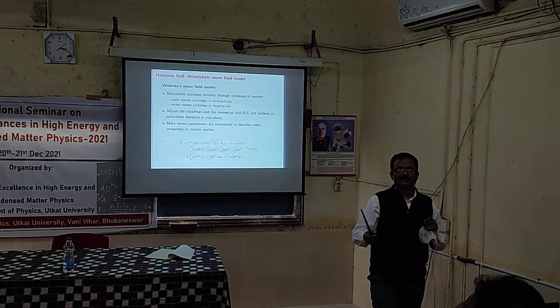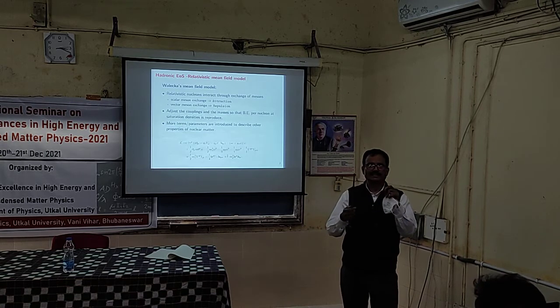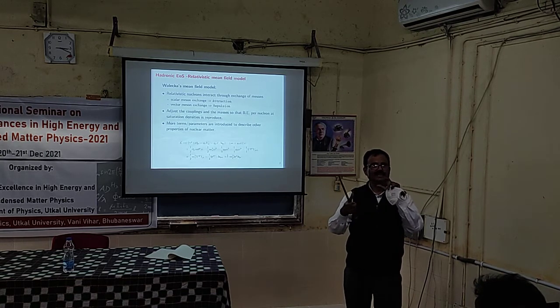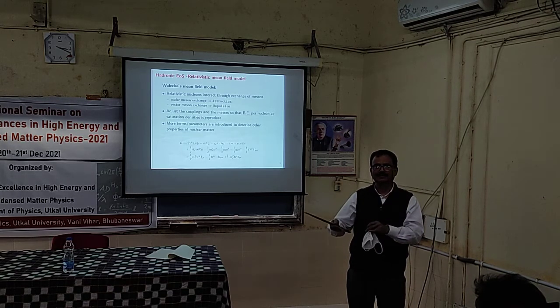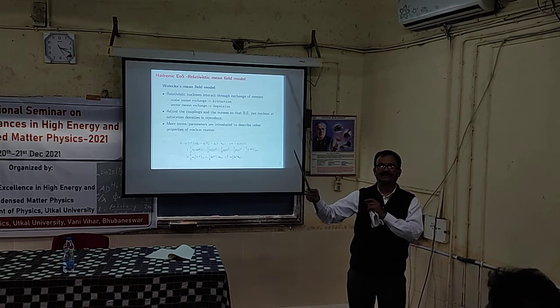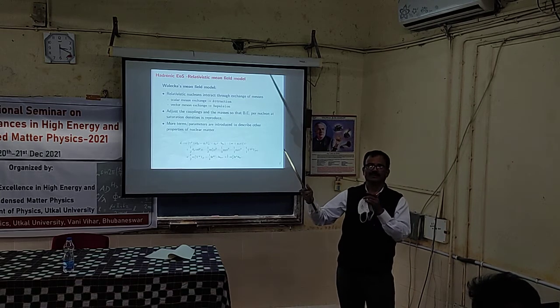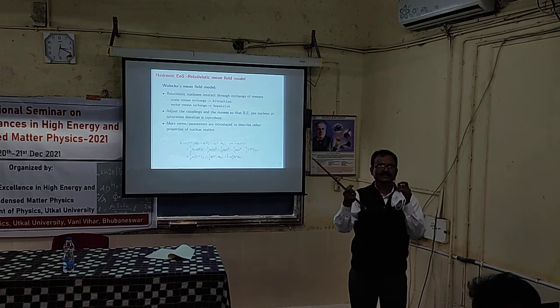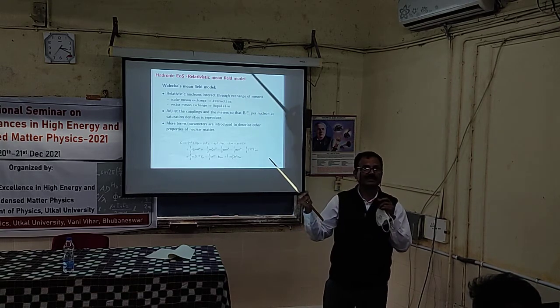You can choose the couplings, an appropriate mixture of scalar and vector, so that you get the saturation property of nuclear matter. That is, the binding energy per nucleon should be minimum at nuclear matter density, 0.16 nucleons per femtometer cubed. This is the essence of this mean field model.